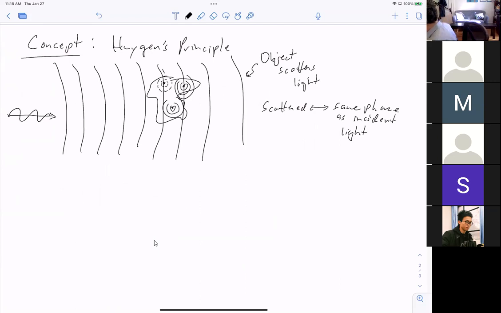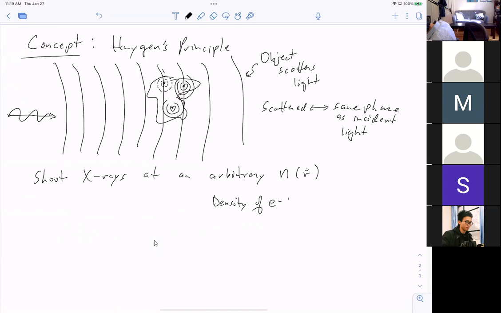Before we go and talk about the periodic crystal, let's just consider the most general case. So let's shoot X-rays at an arbitrary density of electrons. So this is the density of electrons.